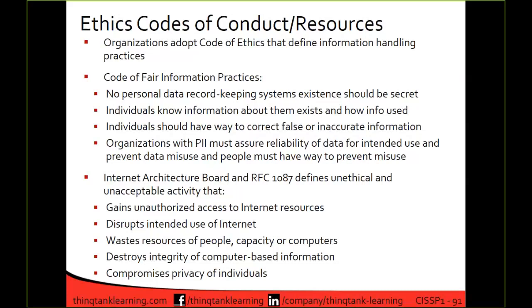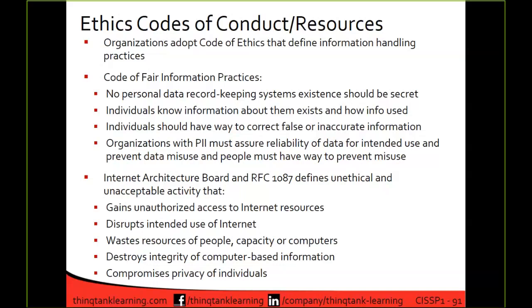Individuals know information about them exists and how that information is used. Individuals should have a way to correct false or inaccurate information. Organizations with that personally identifiable information have to assure reliability of the data for its intended use and prevent data misuse, and people have to have a way of preventing that misuse. This sounds very familiar to what we saw in the last lesson with regard to how we handle personally identifiable information.